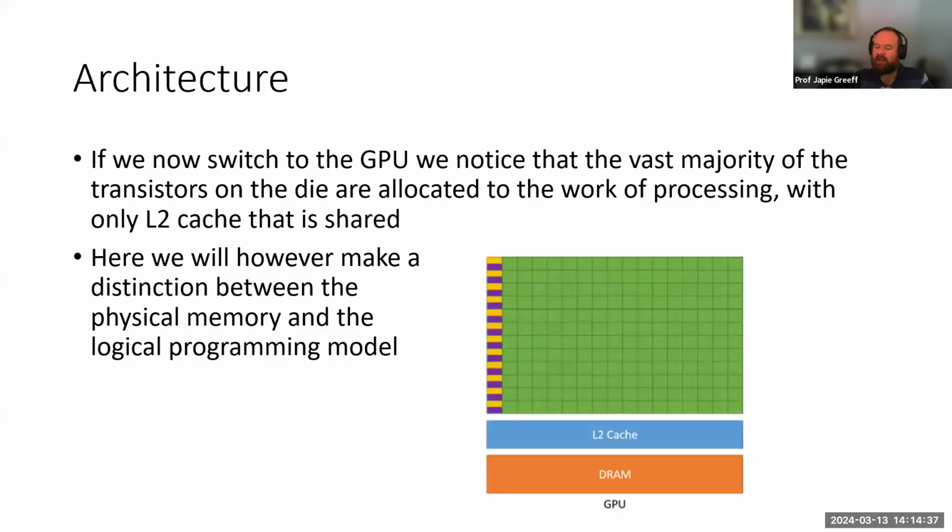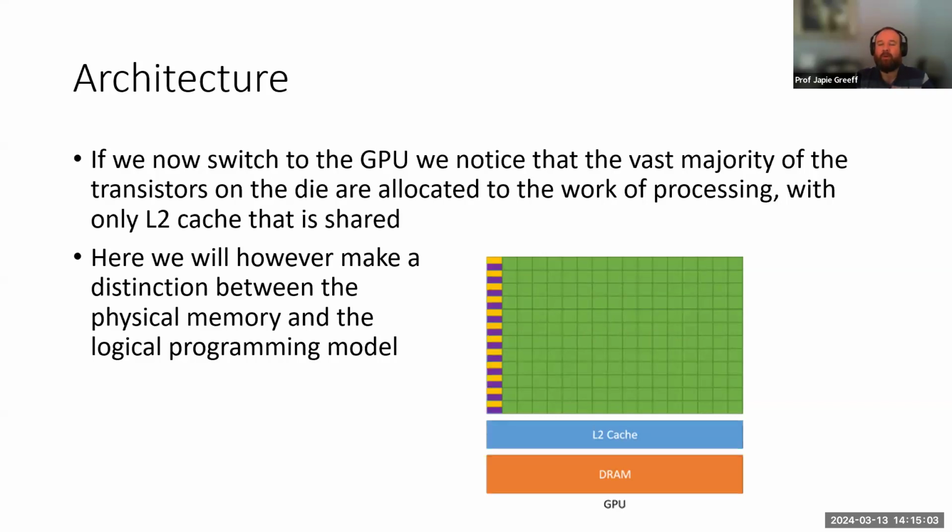But here you will see a huge amount of the die is allocated to the cores where the actual processing of data is going to happen. Okay, there is a little bit of space allocated to the control logic and the level 1 cache that is available to each of the streaming multiprocessors. And then there is a similar sized level 2 cache and then access to the same kinds of DRAM as what we'll have on the CPU.